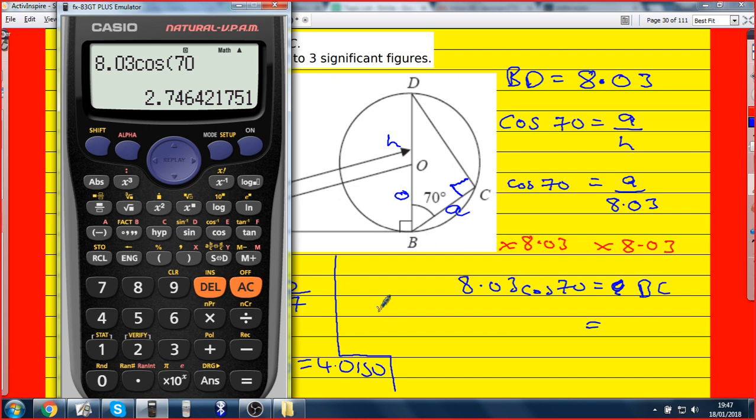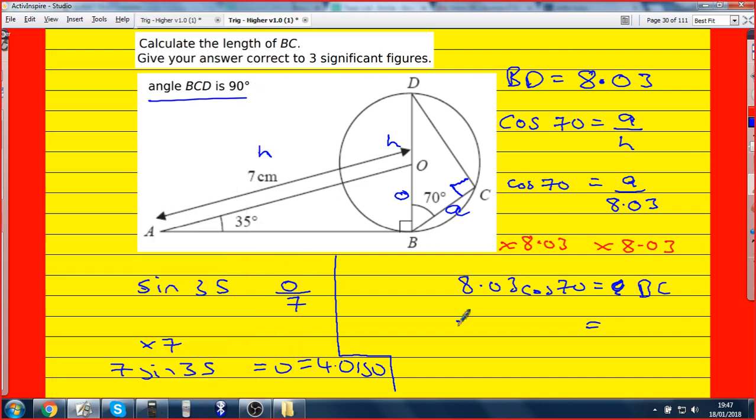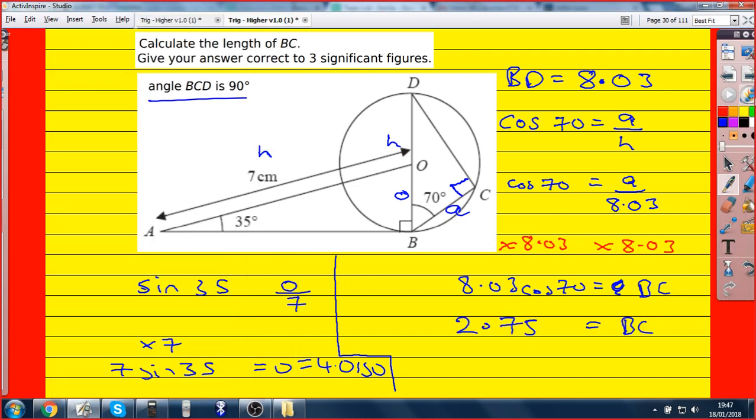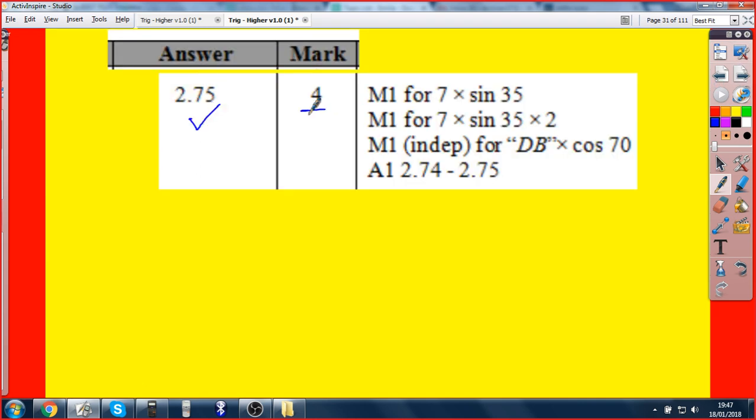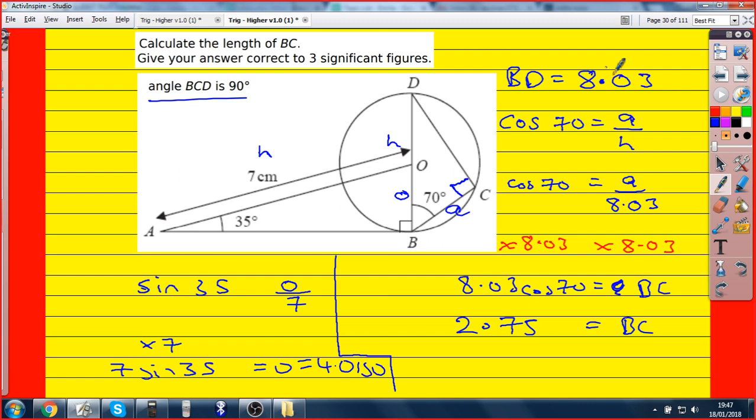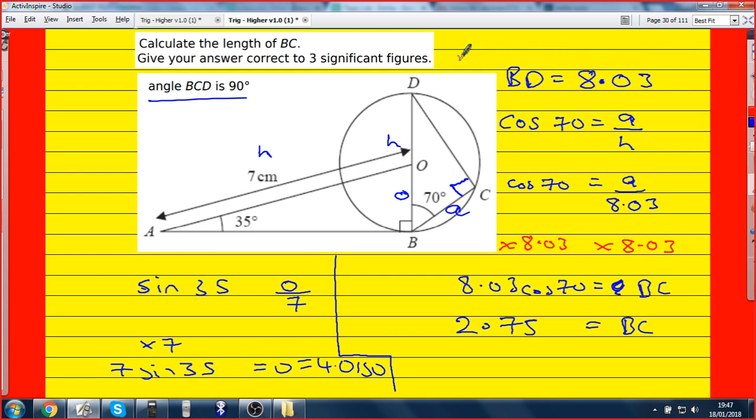And they want us to 3 significant figures? So then it's 2.746. No, that's 3 decimal places. 2.75. Yeah. 2.75 is BC. 2.75 for 4 marks. Any questions about anything there?